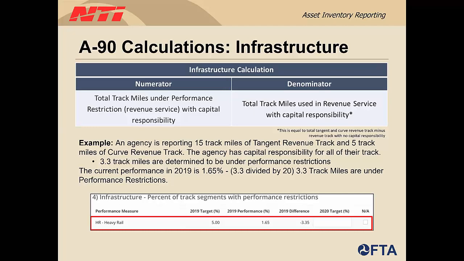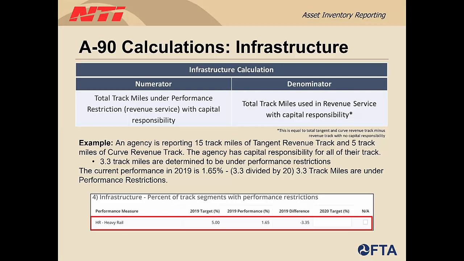The example here is an agency with 15 miles of tangent revenue track and 5 miles of curve revenue track. The agency has capital responsibility for all of their track. They have determined that 3.3 of these miles are determined to be under performance restrictions. So the form calculates the current performance by taking 3.3 and dividing by 20.